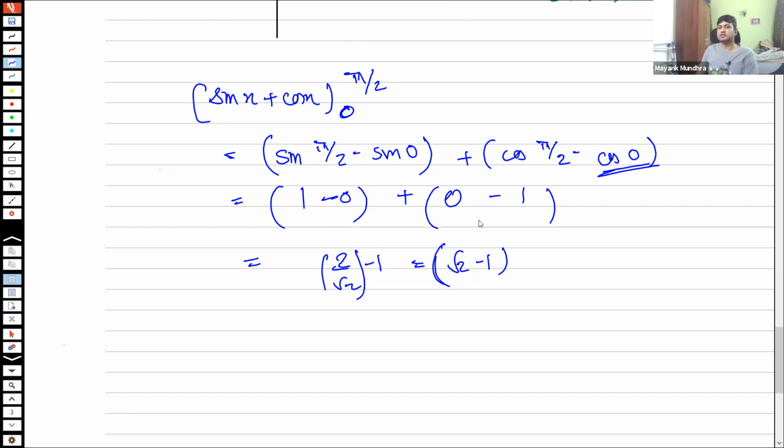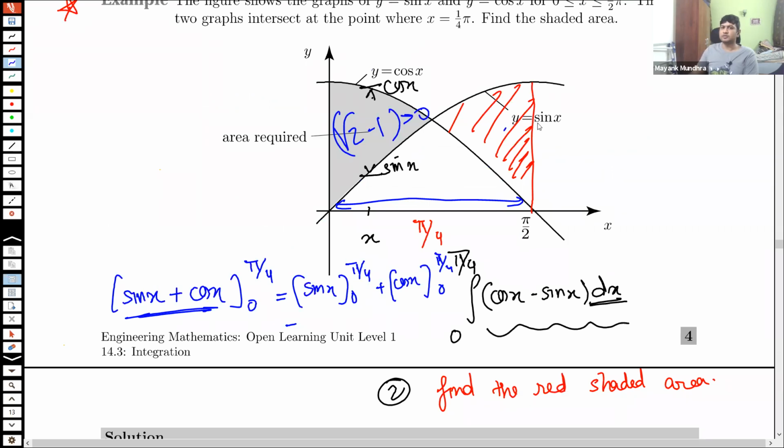So 1 minus 0, 0 minus 1, that would become 1 minus 1, which is 0. So if you just make the limit go to pi by 2, you'll get this result as 0.